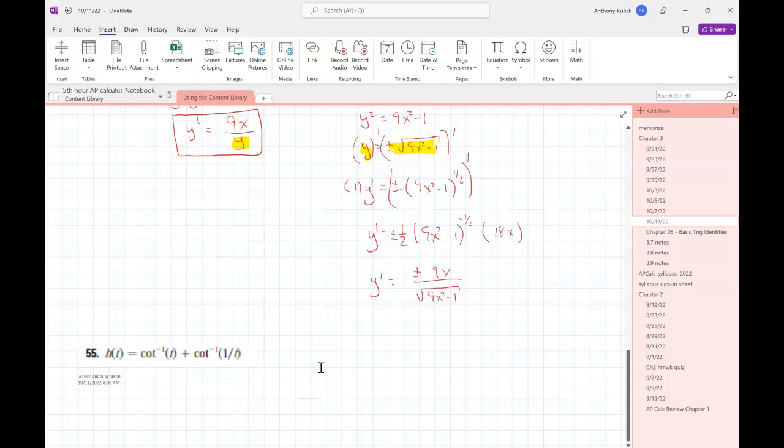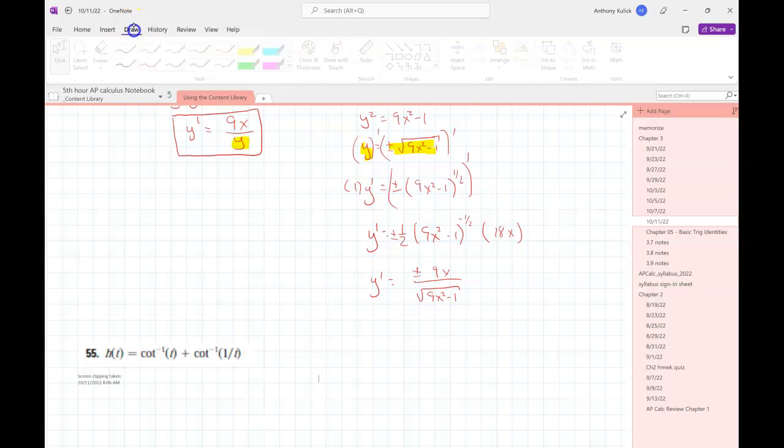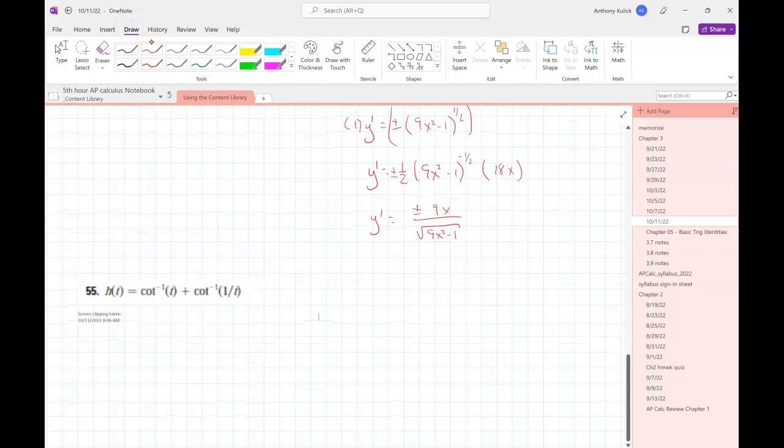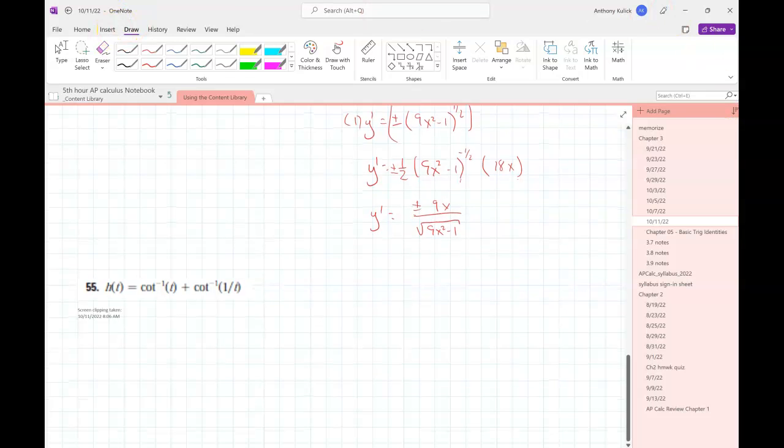All right, so 55 says find the derivative of the function and simplify where possible. Those are our directions. So notice that here we have the inverse trig function, so I'm going to have to be using that. Now, for the first one, when I take the derivative of cotangent inverse t, that's just the derivative rule, so I can just copy down that right away.